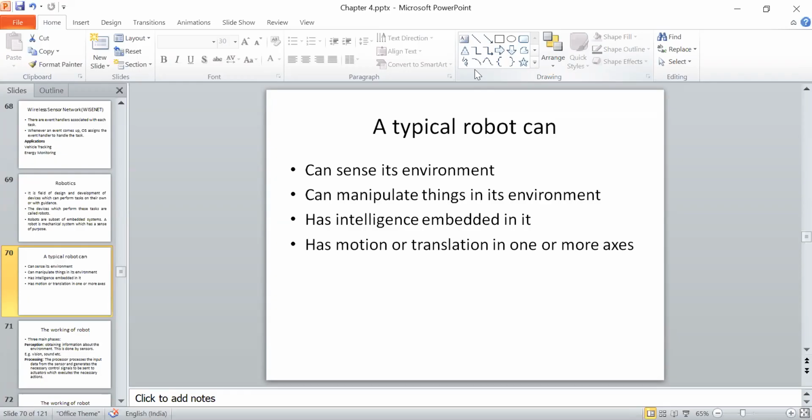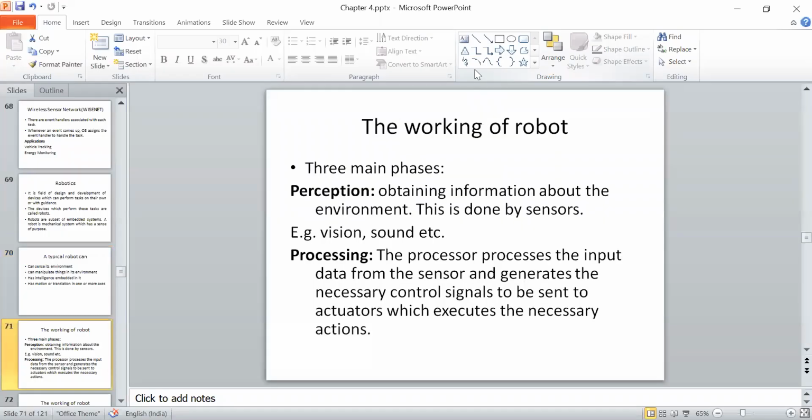Or it could have some intelligence, where it is able to perform a task which you haven't trained the robot for, but the robot is able to do it because of the self-learning concept.